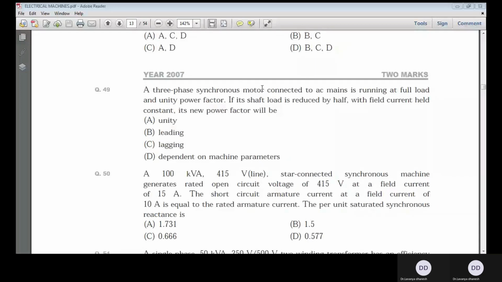This one is operating at full load and unity power factor.